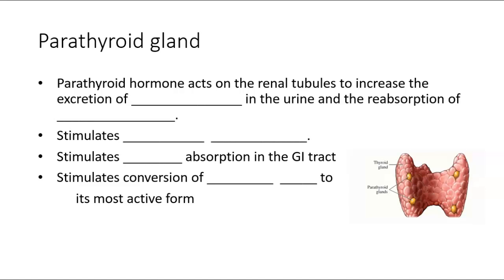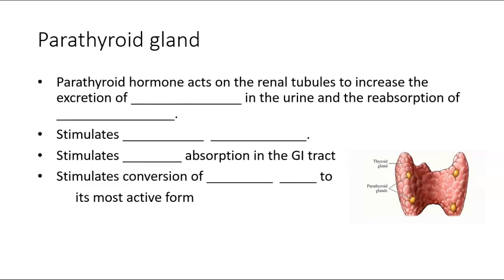It stimulates bone breakdown and stimulates calcium absorption in the GI tract. Additionally, it stimulates conversion of vitamin D to its most active form. So as a reminder, sometimes you might hear parathyroid hormone called parathormone.